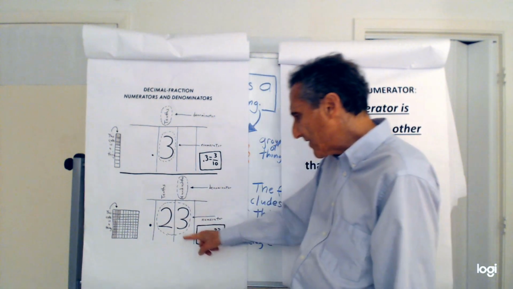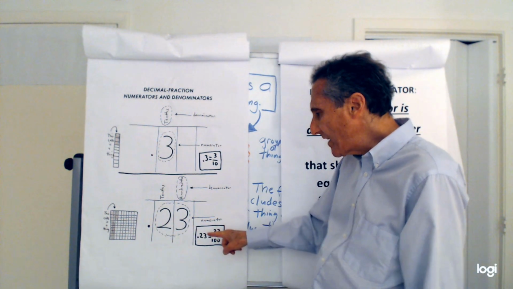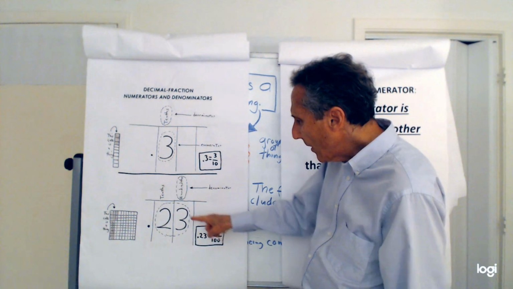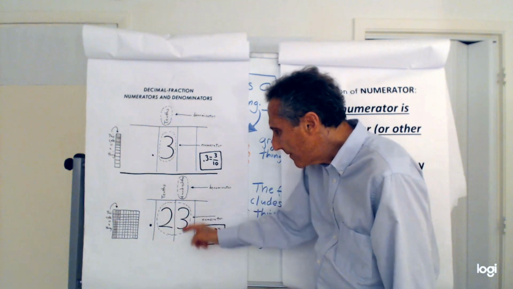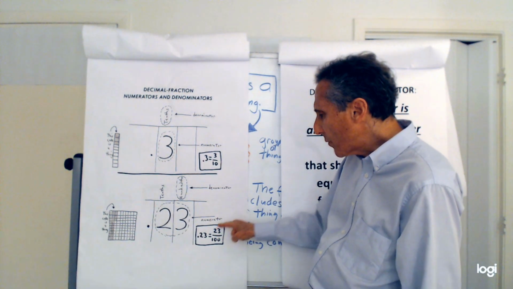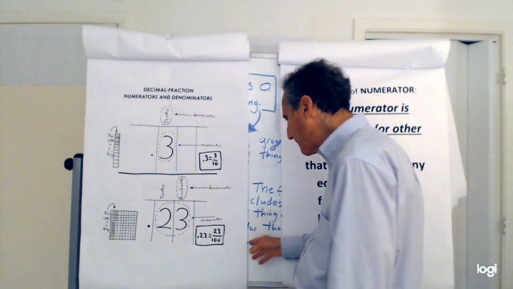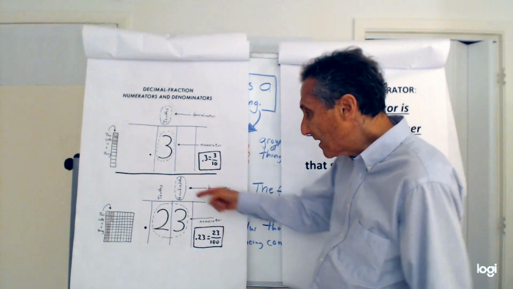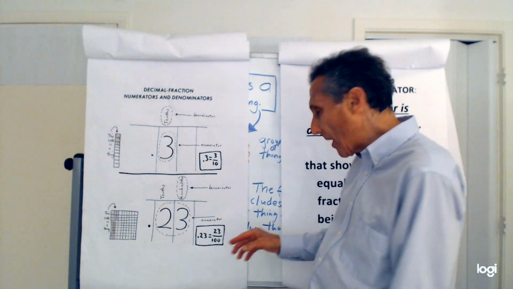So 0.23 equals 23 hundredths. Numerator, 23, denominator, hundredths. We read it 23 hundredths. See? So it's not always the bottom number. It can be the place value. That can be the denominator.